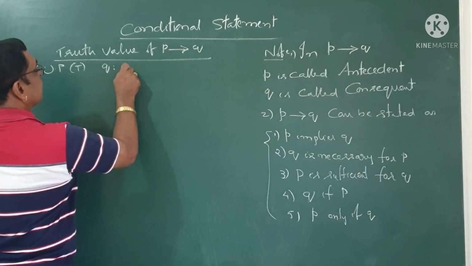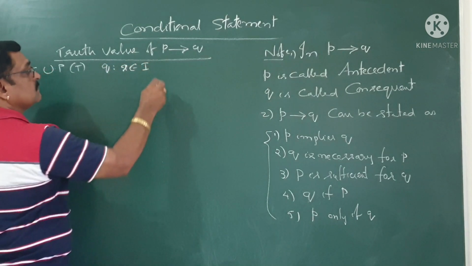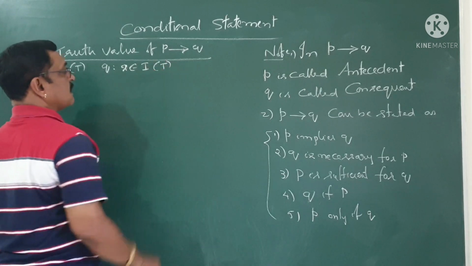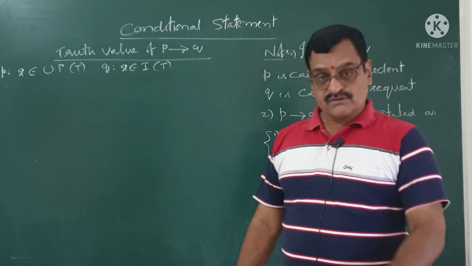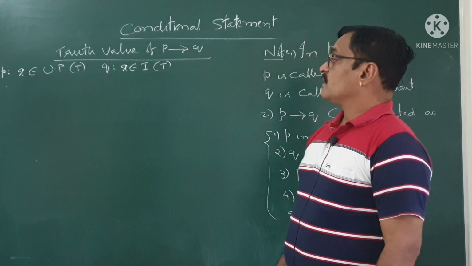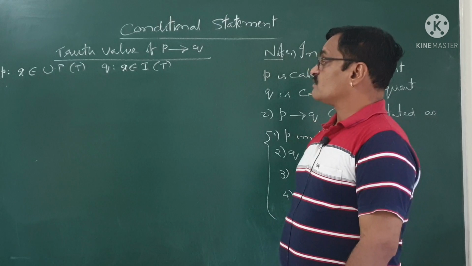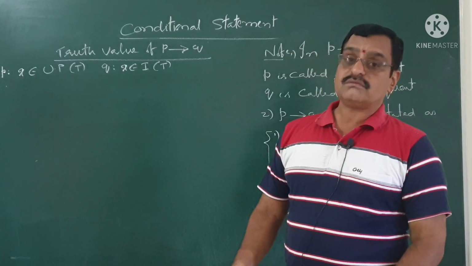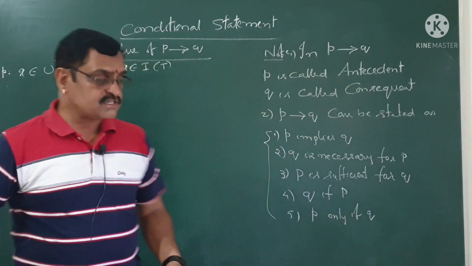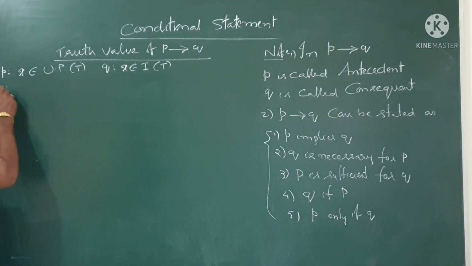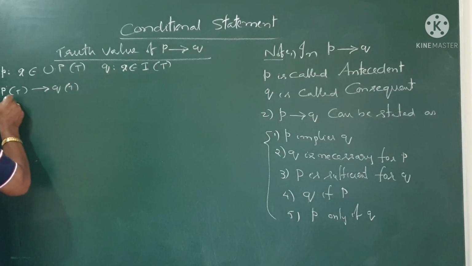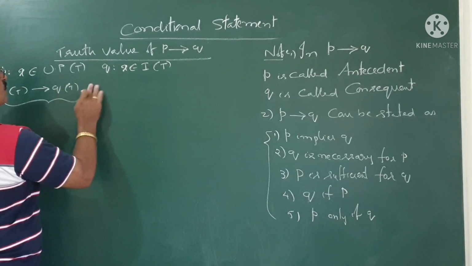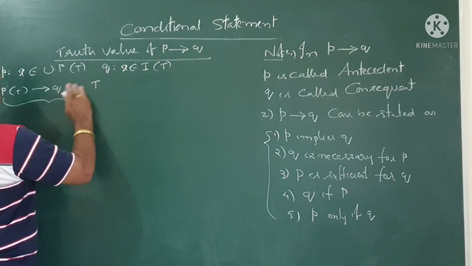Q: X belongs to India, and let this also be true. Let us assume both are true. Now first of all, we go for P implies Q. P is true and Q is also true, so this total statement will be true.